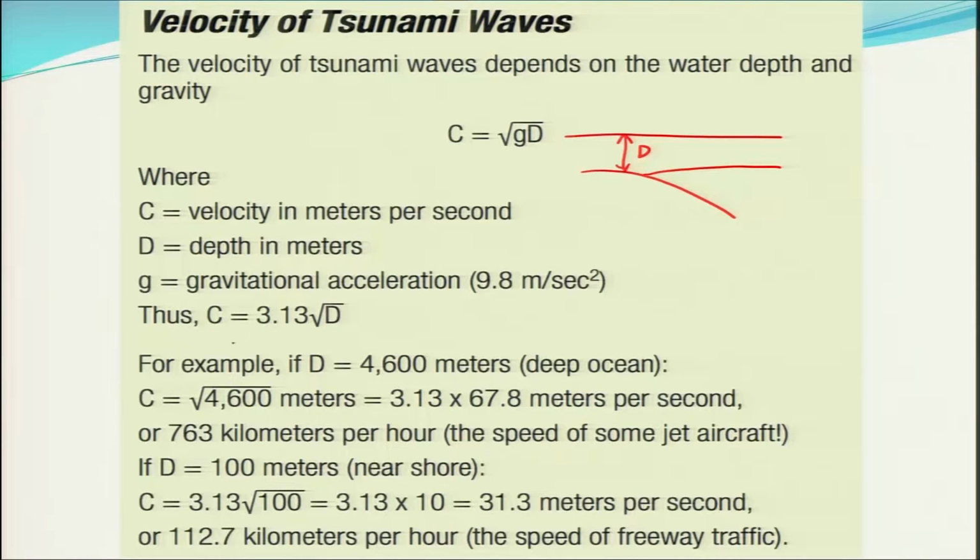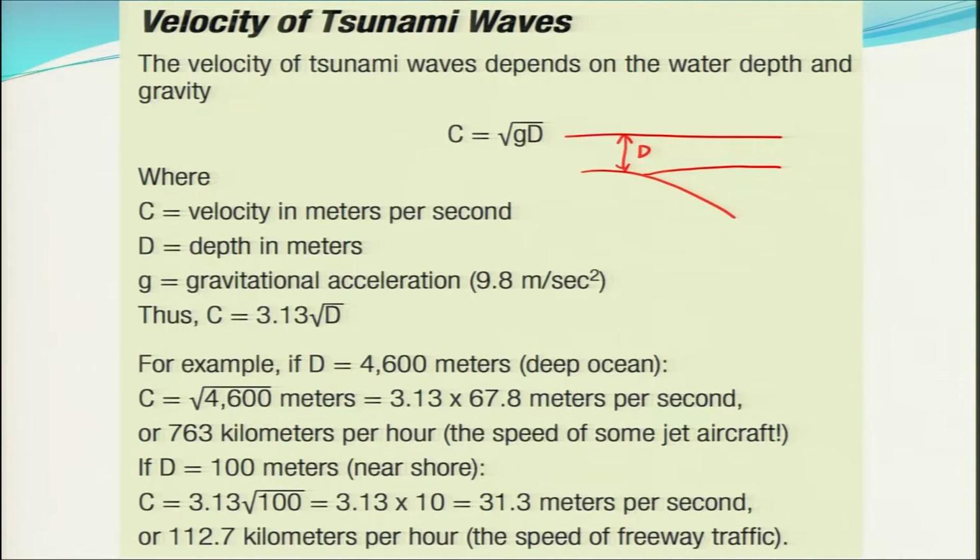So this g you know is 9.8, and if you estimate or if you know the depth, for example here it has been taken 4600, then you will get the speed of the tsunami or the velocity of the tsunami.